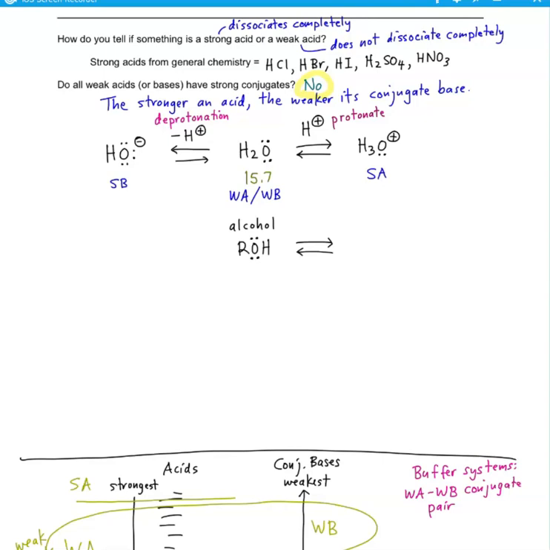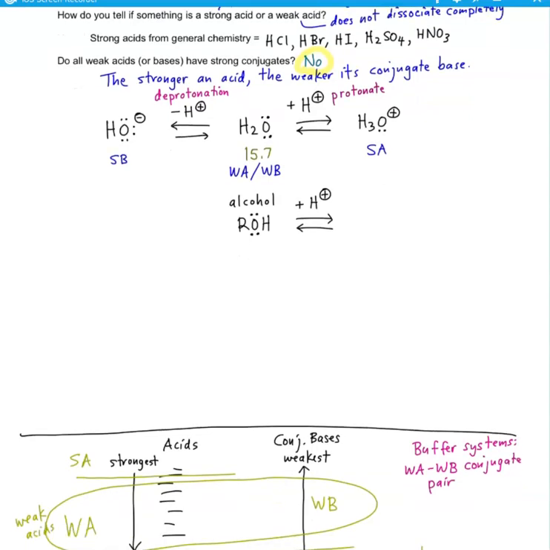And we're going to do the same thing to the alcohol that we did to water, which is to say, we're going to tack a proton onto it. So let's draw a mechanism for that down here. An alcohol will use one of the lone pairs on the oxygen to accept the proton from whatever the acid is.